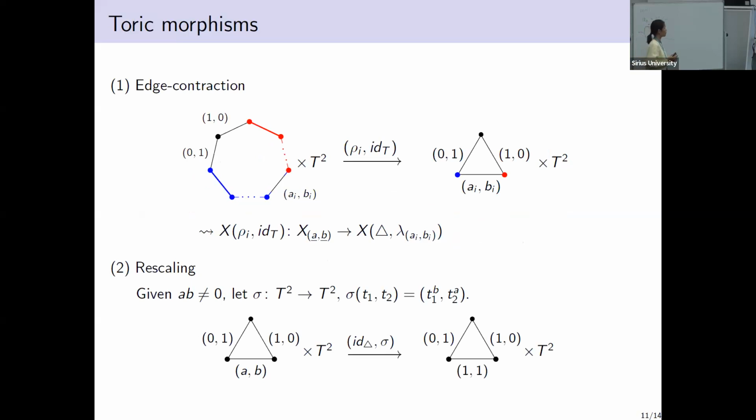Because our toric orbifolds are constructed from a polytope and an acting torus, we want our morphisms to be induced from maps of a polytope and a torus. For example, if I start with a polygon, I can contract several edges, leading to another polygon which has fewer edges compared with the polygon I began with.